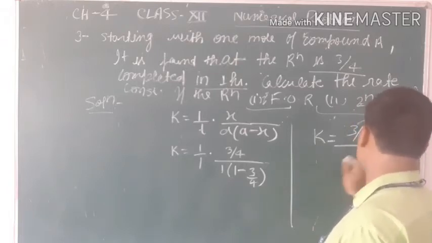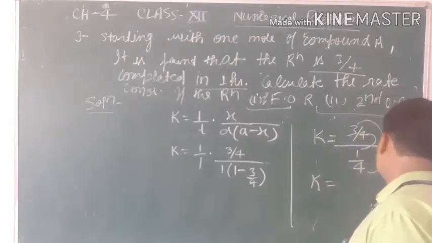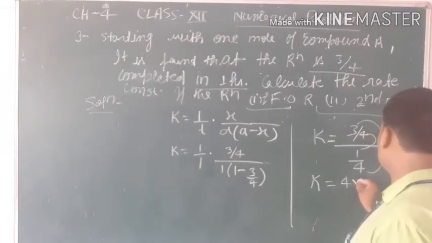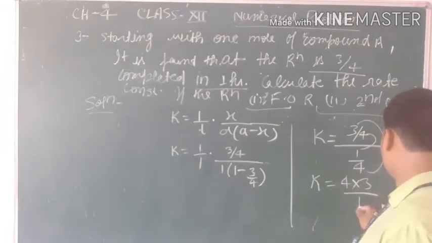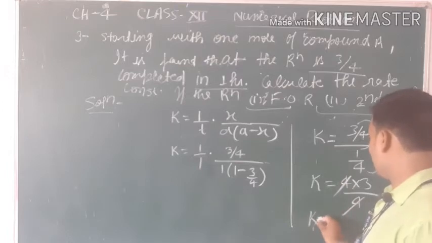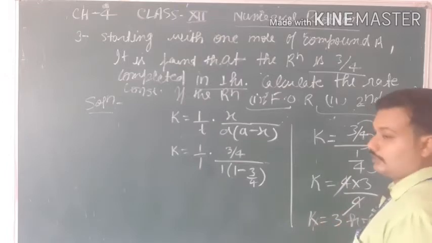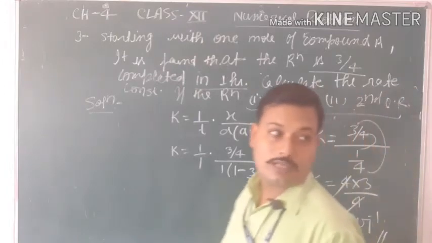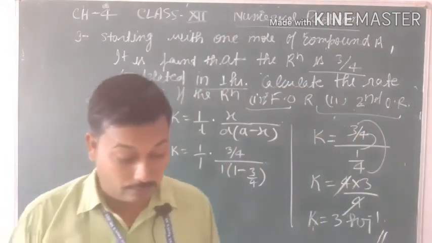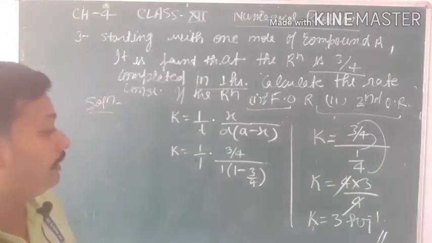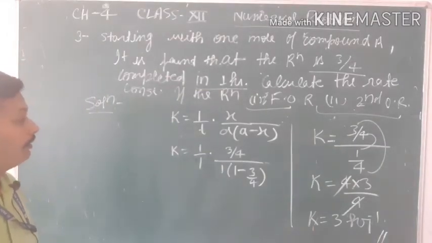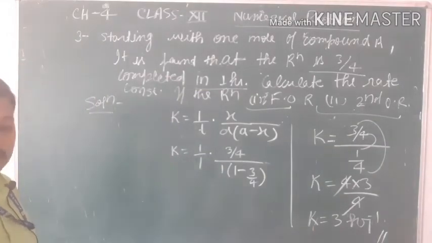So k is equal to 4 into 3 upon 4, they cancel out each other, and k is equal to 3 per hour. Okay, so this is the way for calculating the rate constant for the second order.